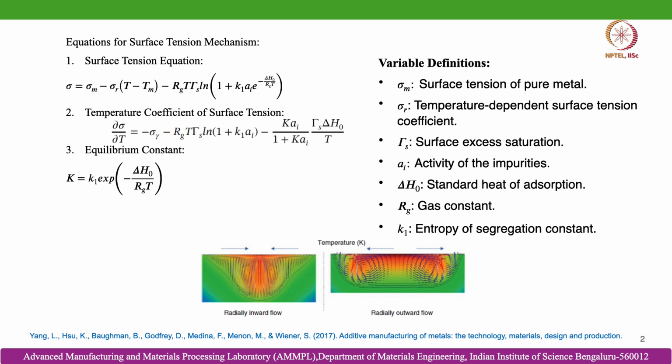Okay. So, equations for the surface tension mechanism. The surface tension equation: sigma is equal to sigma_m minus sigma_r into (T minus T_m) minus R_g T gamma_s ln(1 plus k_l a_i e to the power minus delta H0 by R_g T).